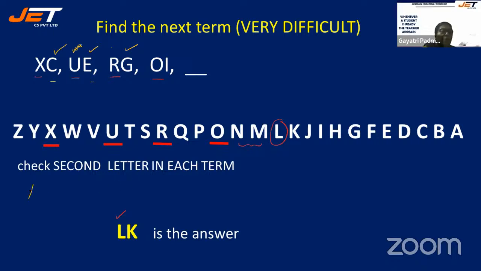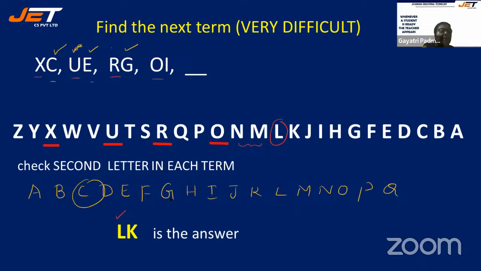You have to use the forward: A, B, C, D, E, F, G, H, I, J, K, L, M, N, O, P, Q. So we are having C, we are having E, we are having G, we are having I. So after one letter, you have to choose. So the next letter must be K. That is why K.